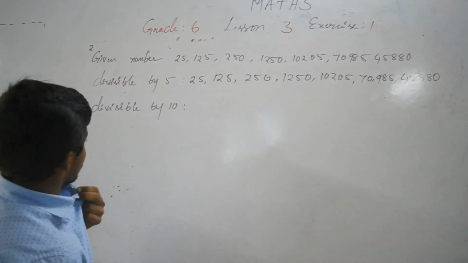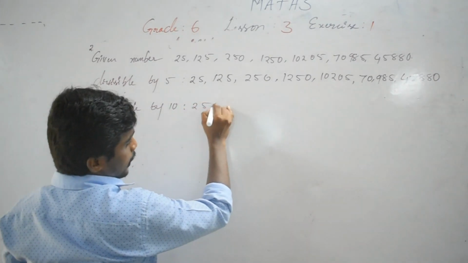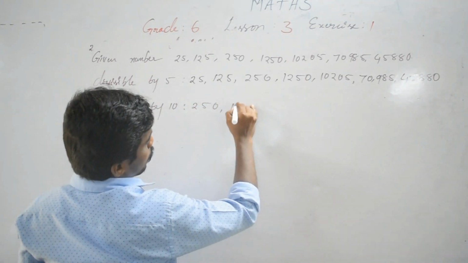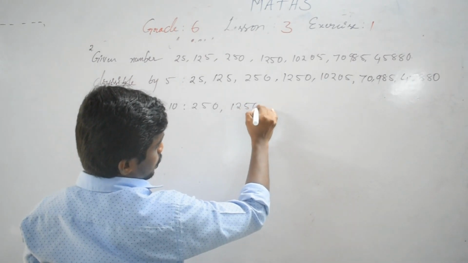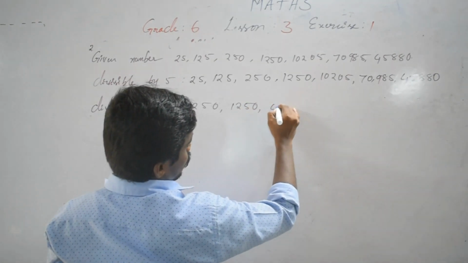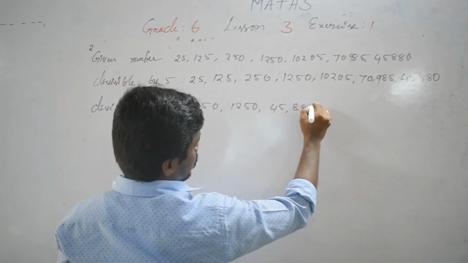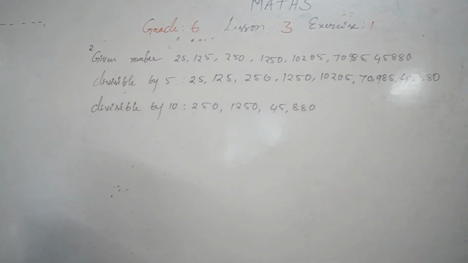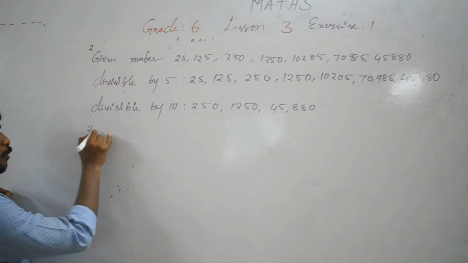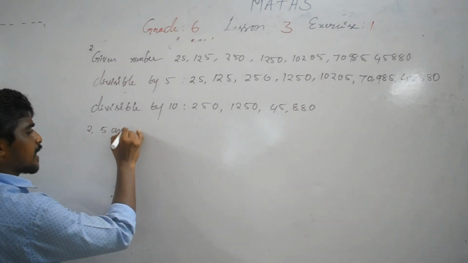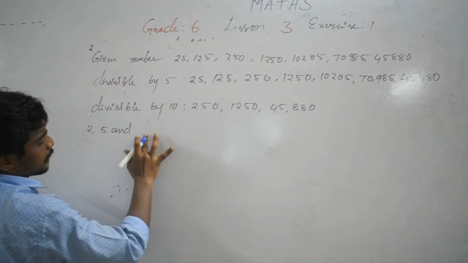In the ones place 0: 250, 1,250, 45,850. Next it asks 2, 5 and 10.